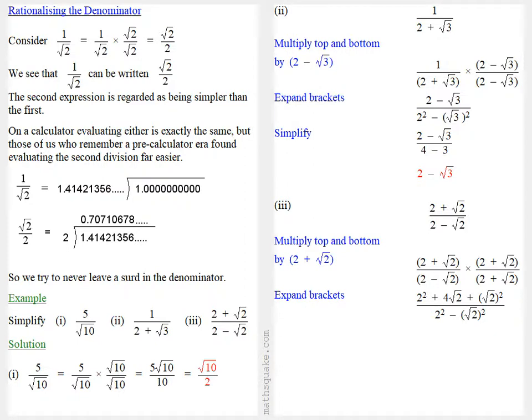It's the first term squared plus twice the product plus the second term squared. And on the bottom we have 2 squared minus root 2 squared. So on the top it's 4 plus 4 root 2 plus 2, and on the bottom it's 4 minus 2. So this gives us 6 plus 4 root 2 all over 2, or 3 plus 2 root 2.